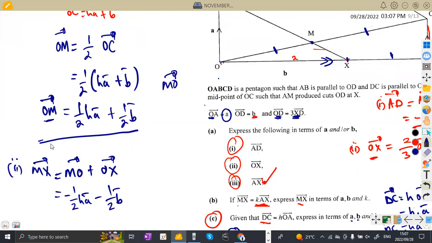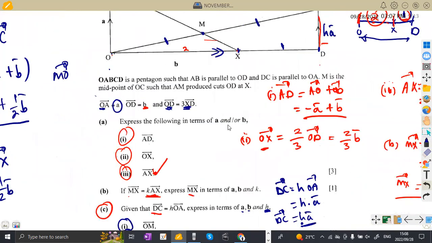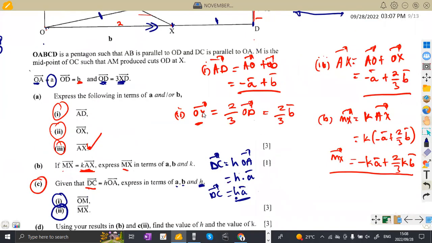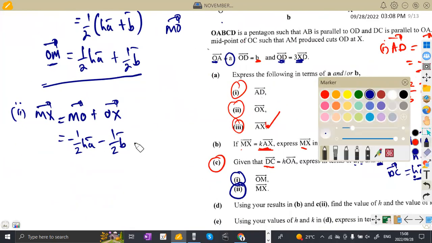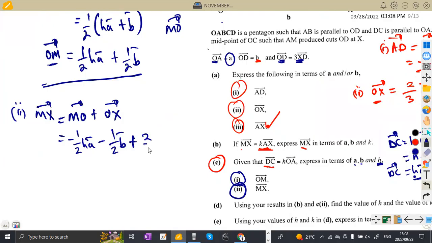You multiply every term by minus. Okay, so it's going to be minus half HA minus half B plus OX. Remember our OX, we calculated before. We said OX is 2/3 B. So it is going to be plus 2/3 B.